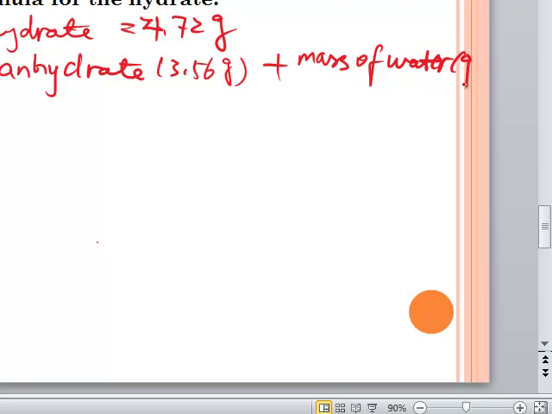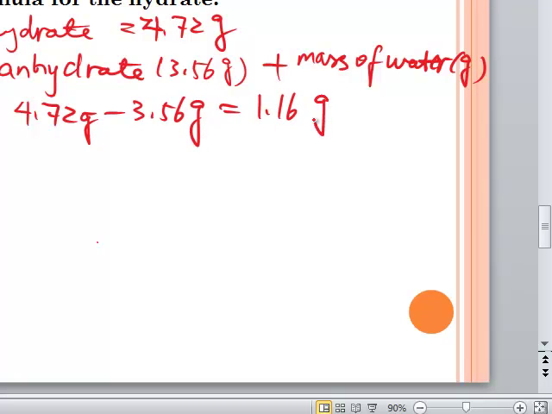Okay, that will be in grams. So hence the mass of water will equal 4.72 grams minus 3.56 grams. Punching the calculator, 1.16 grams.